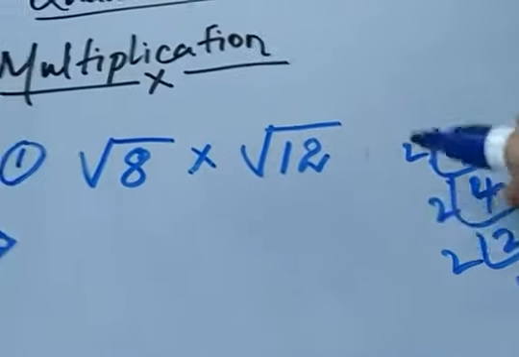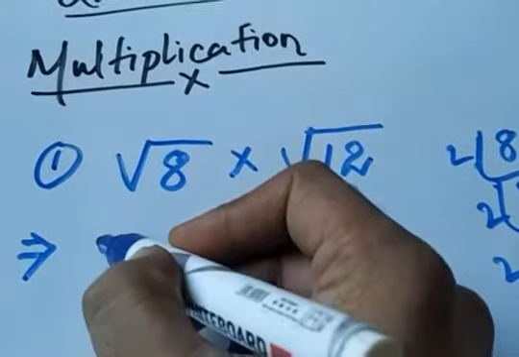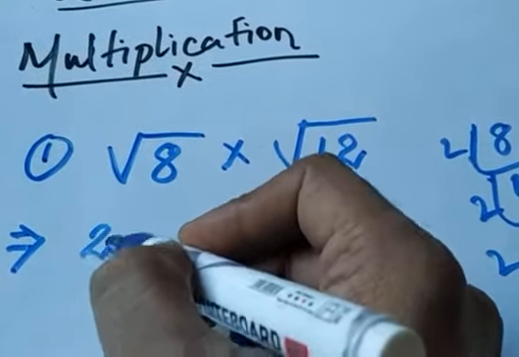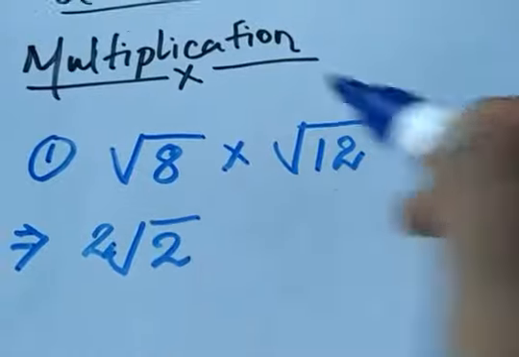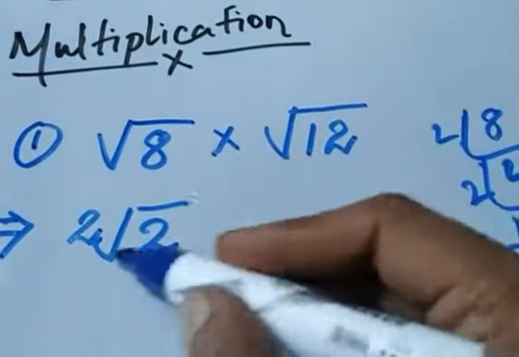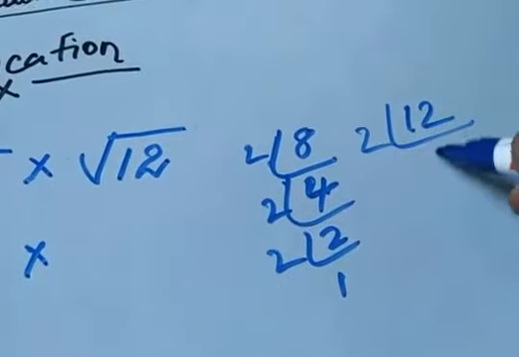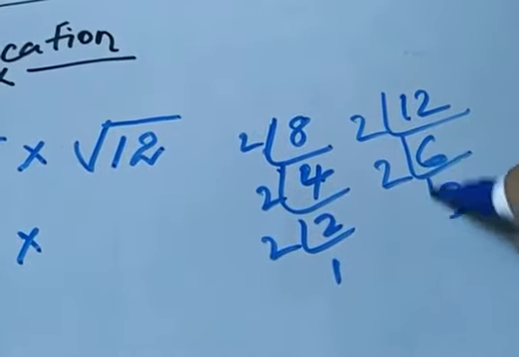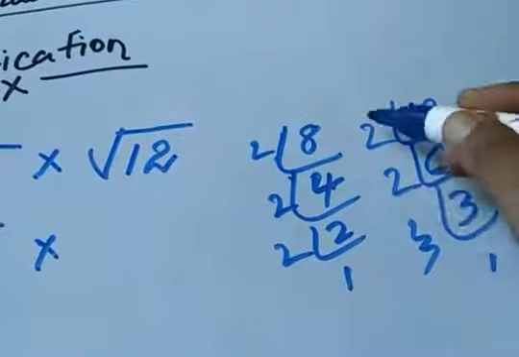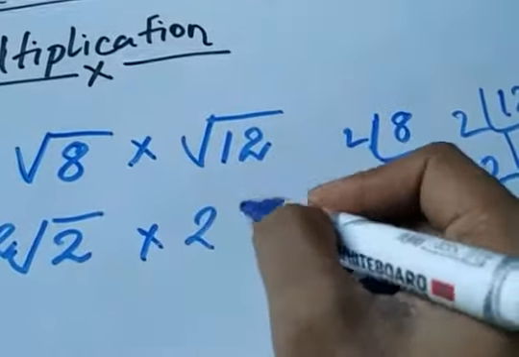You can see 2 has a square, so this is 2 root 2. Whichever has a square will come out and one will stay inside. Similarly for 12, when you find the square root, 2 has a square and 3 does not, so it is 2 root 3.